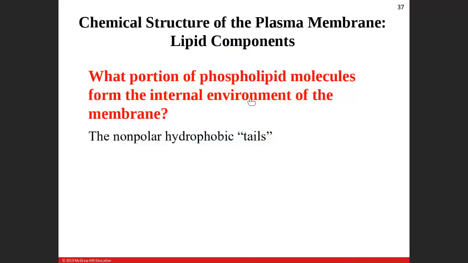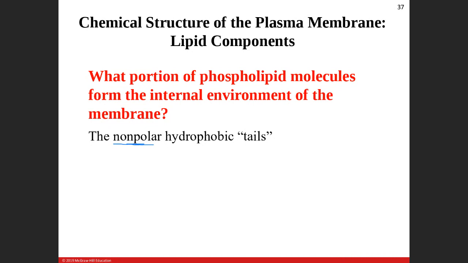All right. So, question: what portion of phospholipid molecules form the internal environment of the membrane? That would be the nonpolar hydrophobic tails. All right, so what are the two characteristics that something needs to have in order to move across the plasma membrane without any help?